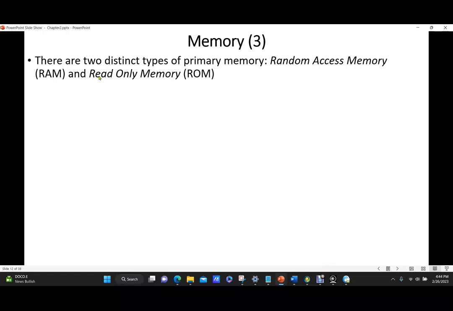Now, there are two distinct kinds of primary memory: random access memory, RAM, and read only memory, ROM. The computer can write to make changes in RAM, but cannot write to locations in ROM.